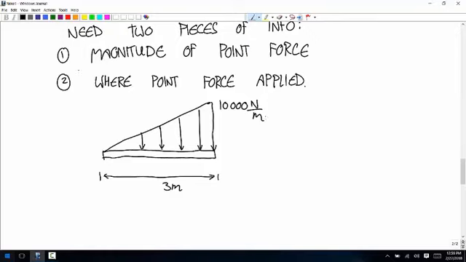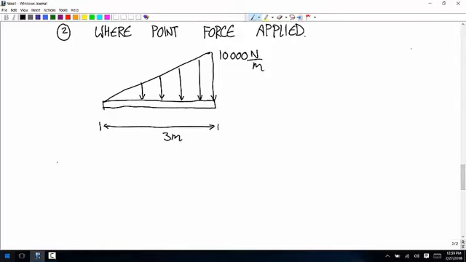I'm going to calculate the magnitude of the point force and the location where we'd have to apply it in this case. So first, the magnitude is the total area of the distributed load.